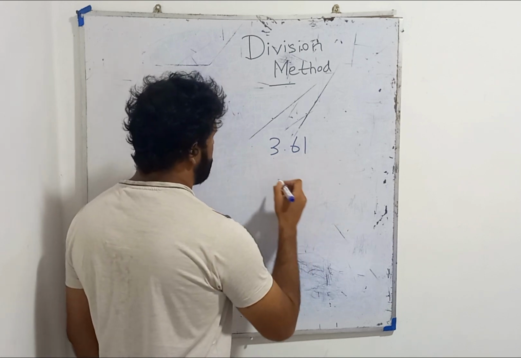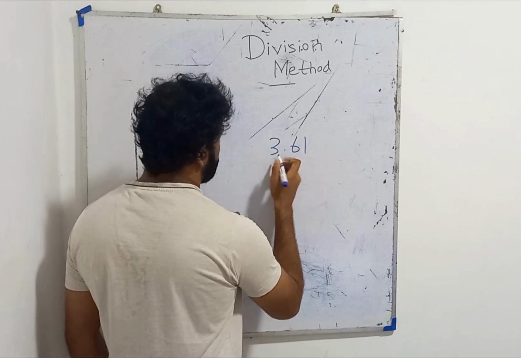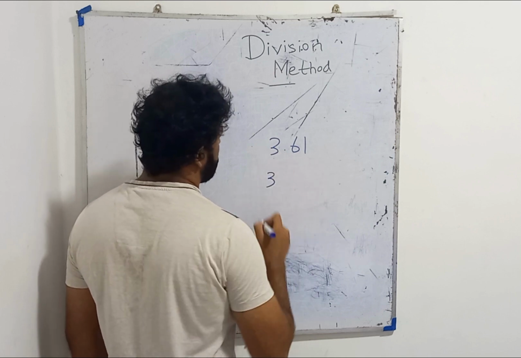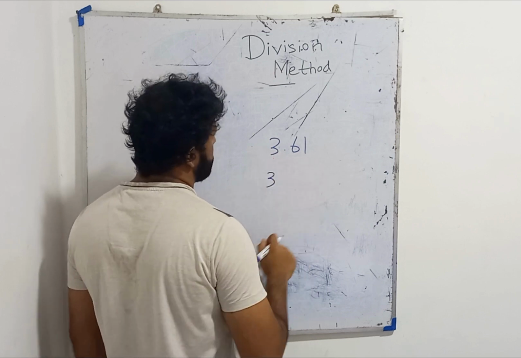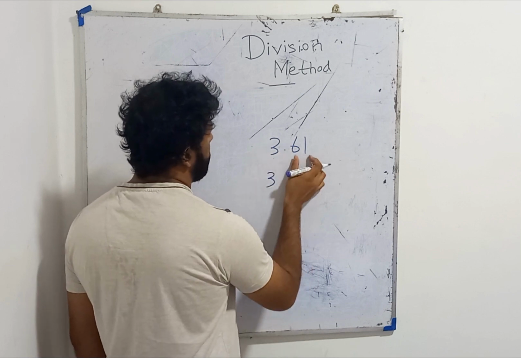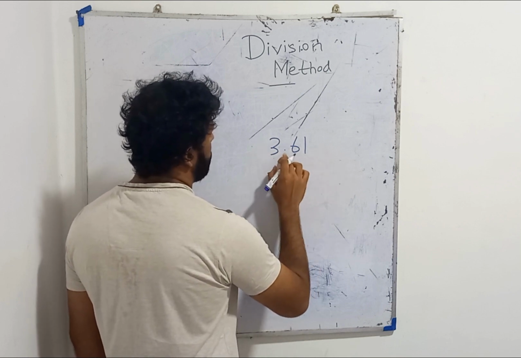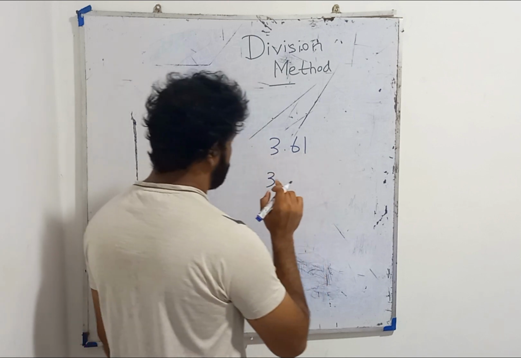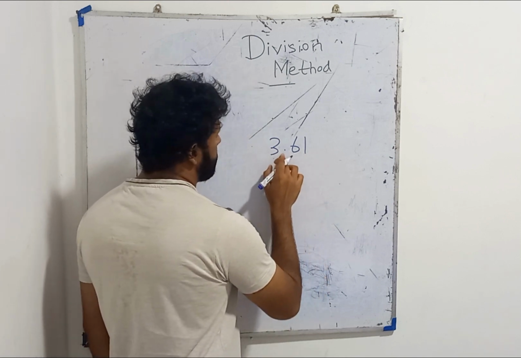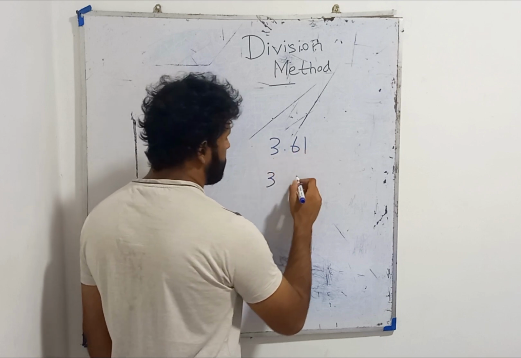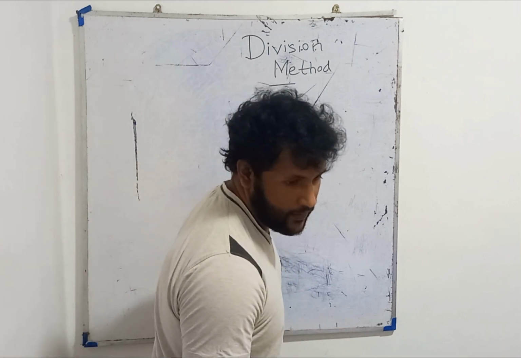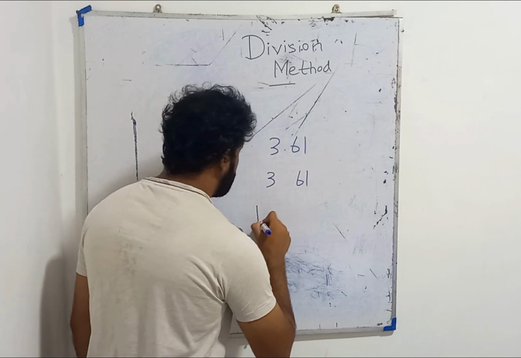You separate the numbers before the decimal point and after the decimal point. Then 64.